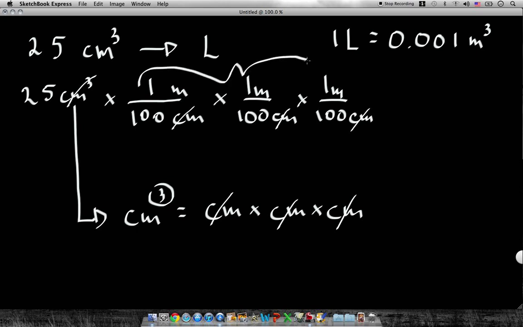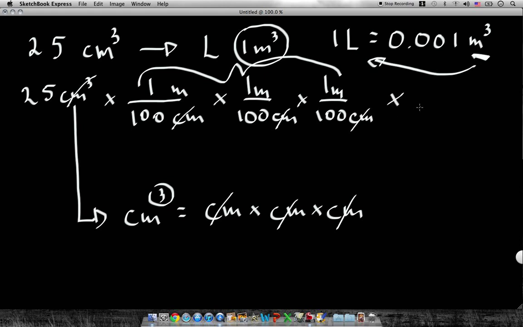So from here, this is 1 meter cubed, because it's 1 times 1 times 1, and meter times meter times meter is meter cubed. So I have this thing at the top. Now, from meters cubed, notice I have that here, I can go into liters.